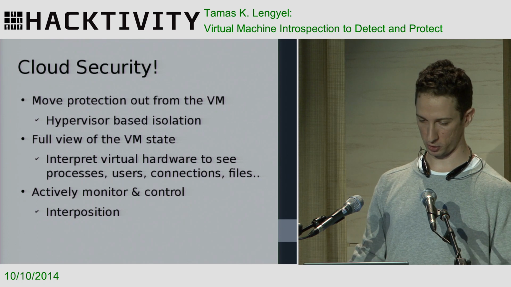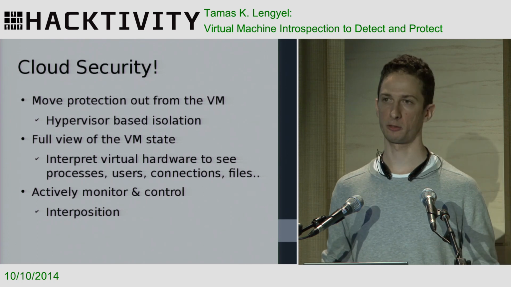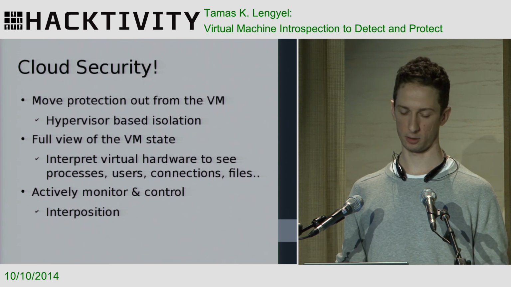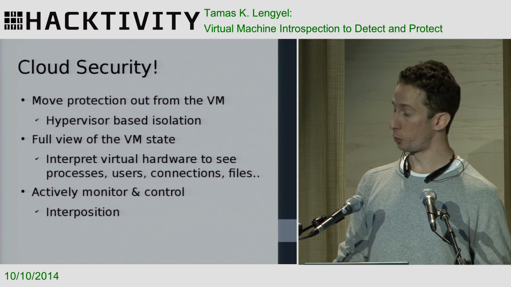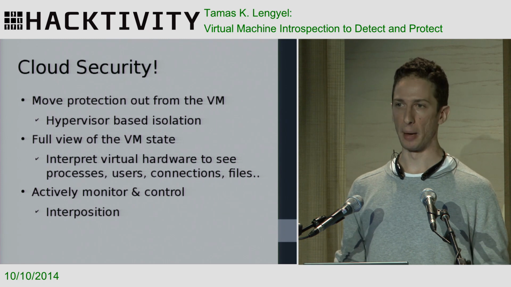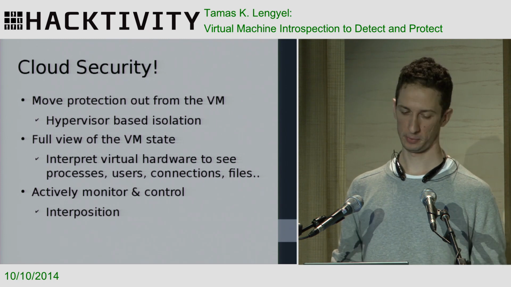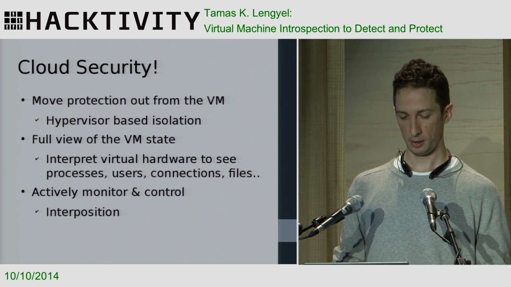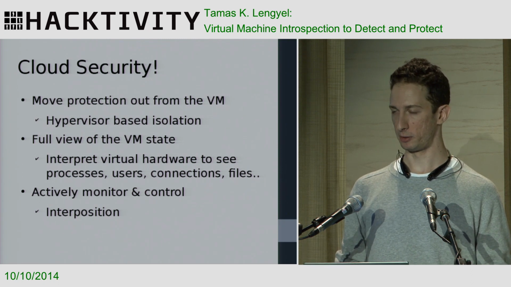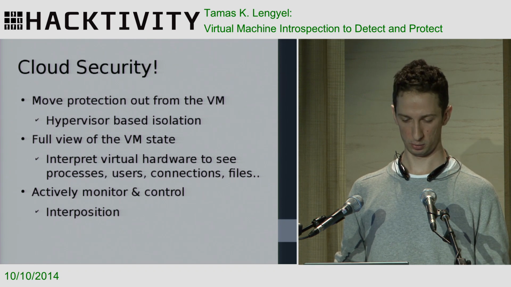But if you think about it, there's a lot of benefits that you can take of hypervisors and virtualization in general. Most importantly, you can move out your security stack from the domain that you're trying to protect, right? So you can have a hypervisor-based isolation on your system, and you really can see everything that's happening within your virtual system.